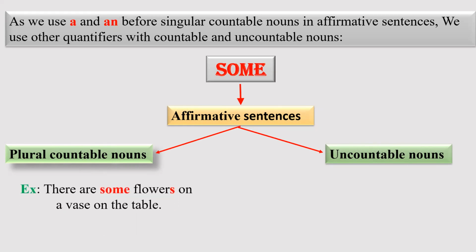Example, there are some flowers in a vase on the table. You see here, some comes before plural countable nouns in an affirmative sentence. There's some cheese in the fridge. You see here, cheese is an uncountable noun, and it is an affirmative sentence.